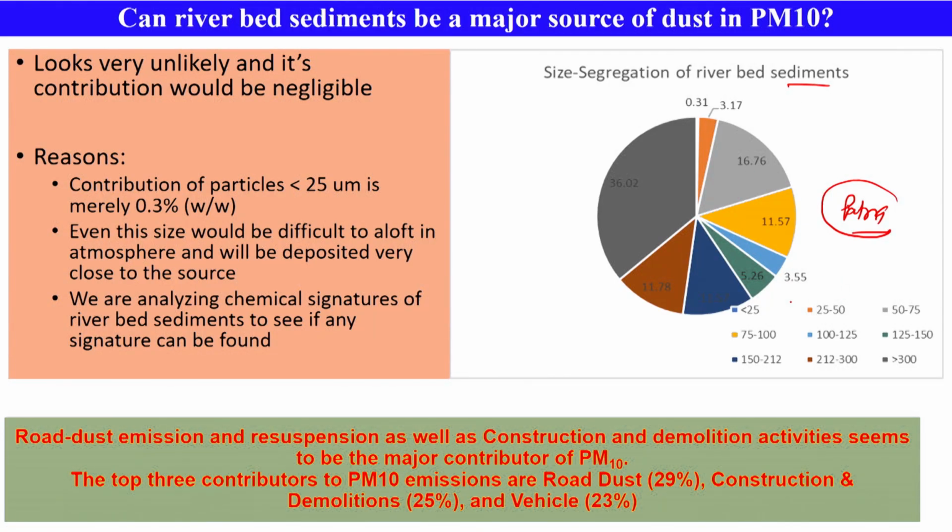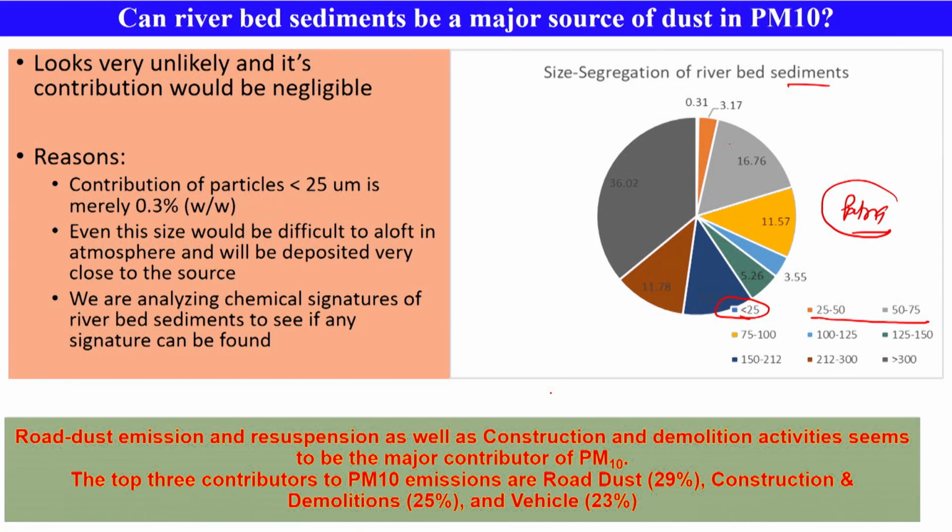Less than 25 micron is only 0.3%, so this is not contributing much to PM10. But because we use the higher sizes up to 75, they could be an important source of road dust. They can be transported and deposited back on the roads, and when vehicles move, this road dust can be broken into smaller pieces.